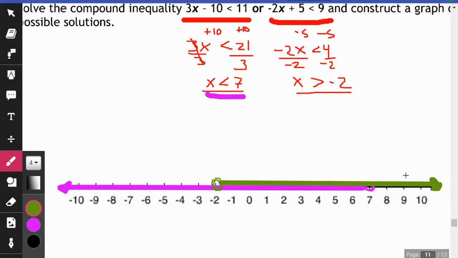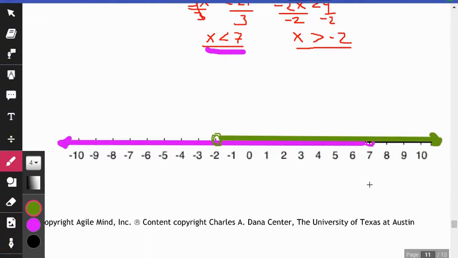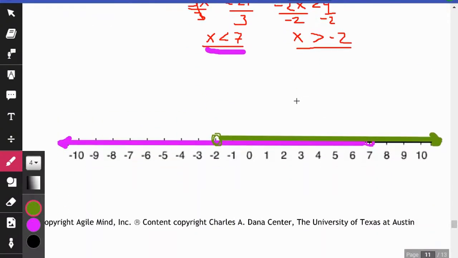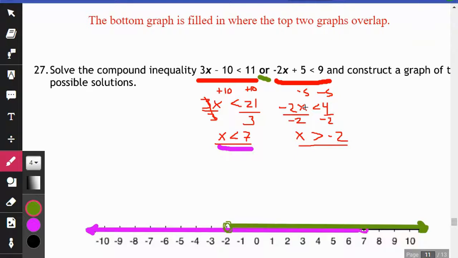It's less than 7 and greater than negative 2. Negative 10, it's not greater than negative 2, but it's less than 7, so it works. So this particular problem, it counts for all the numbers, even negative 2. Of course, it doesn't work for being greater than negative 2, but it's less than 7. Everything on the graph is filled in by one or the other. And that's all we're asking. One or the other is true. So literally every x works in here.